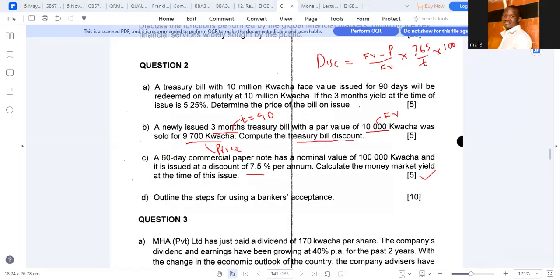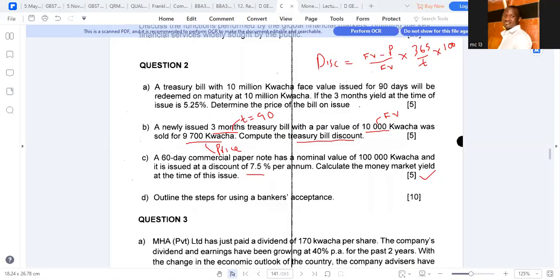So in that question, what are we given? We're given the nominal value, 10,000 kwacha.